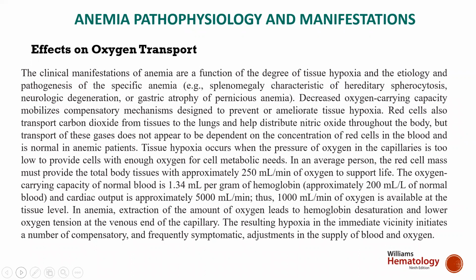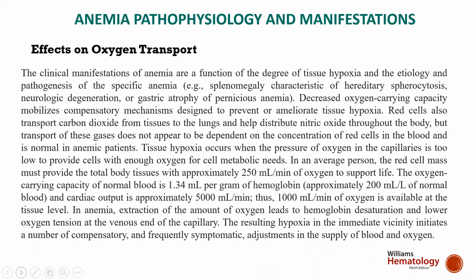The clinical manifestations of anemia are a function of the degree of tissue hypoxia and the etiology and pathogenesis of the specific anemia. Decreased oxygen carrying capacity mobilizes compensatory mechanisms designed to prevent or ameliorate tissue hypoxia.